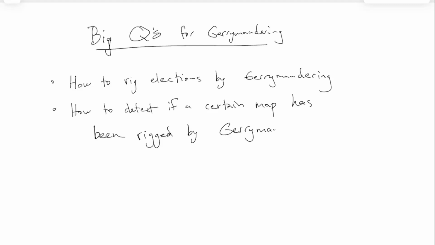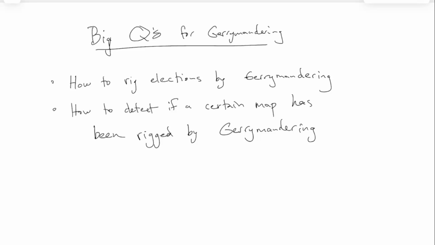And the second one is maybe the more important one in real life these days in our politics. Remember, the idea is people draw the maps in order to benefit one party or the other. But if those maps are super unfair, the way the systems generally work is the map has to be challenged in court, and then somebody has to convince a judge that the map has been intentionally made to be unfair.